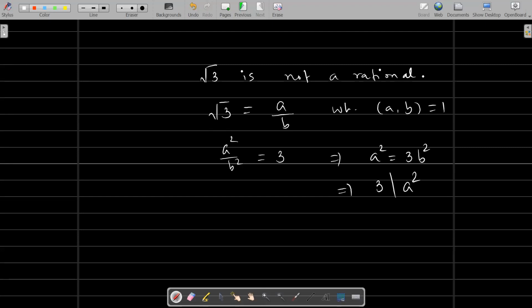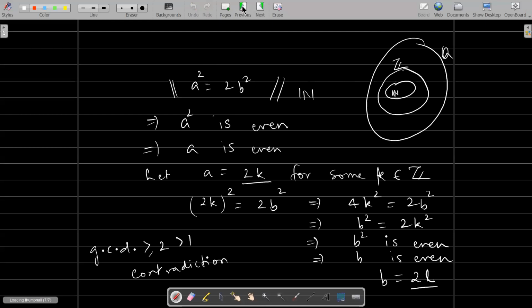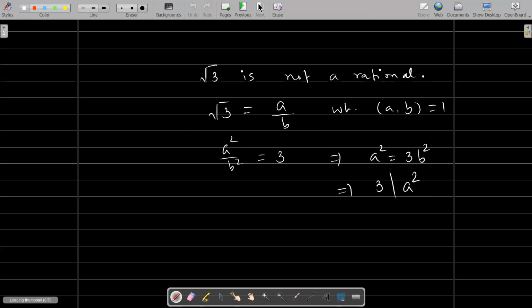Now carefully look at the earlier argument. Essentially a square is even. Another way to state the same thing is that 2 divides a square. And if 2 divides a square, it means 2 divides a, right? So on the same lines here, I can say if 3 divides a square, 3 divides a. Why? Because 3 is prime.